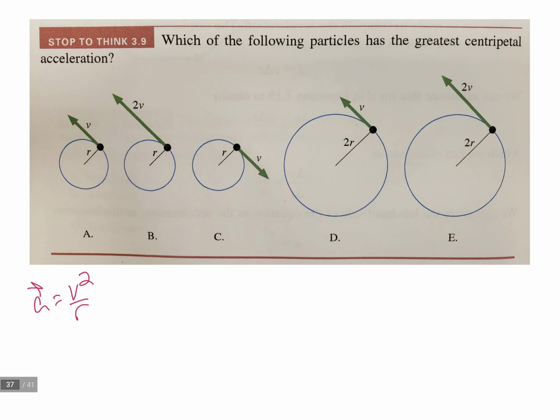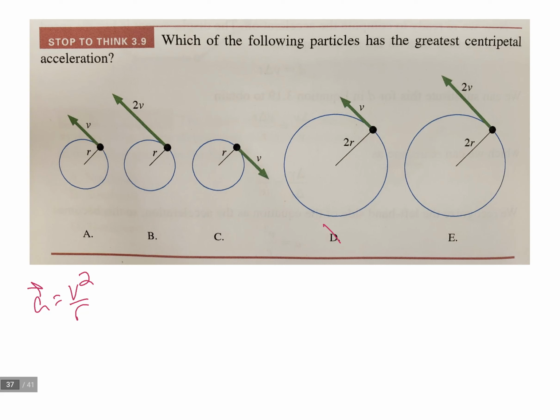Okay? So between D and E, E is moving faster than D because it has 2v and the same radius. Okay? So it can't be D. Between A, B, and C, they all have the same radius.